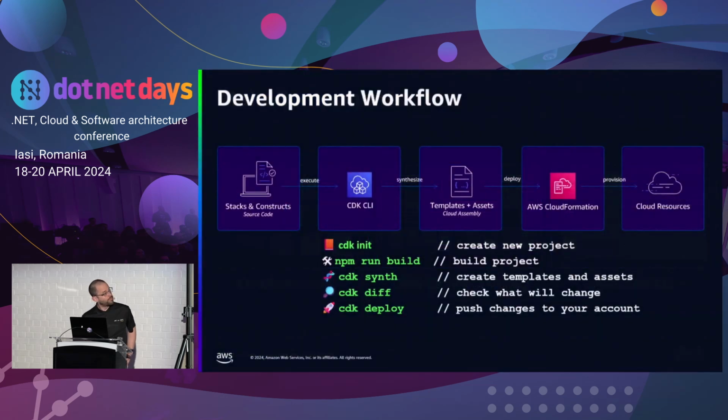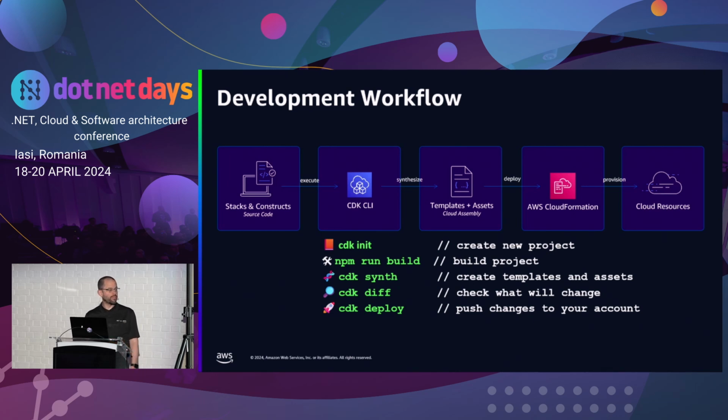And if we move forward and look at the development workflow, we have something very similar to the .NET CLI. So how does it work? You have your source code here, the stacks and constructs. This is your source code, written in C# if you want. I write my CDK code in C#.